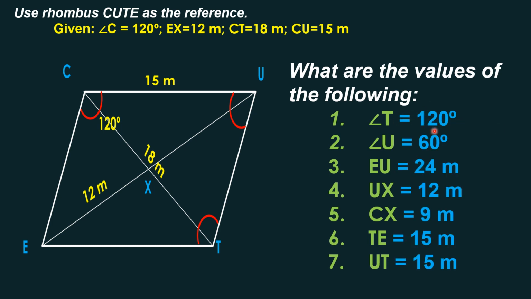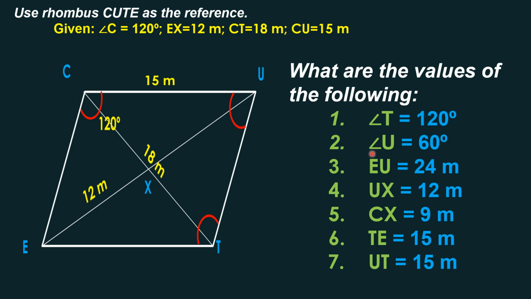Angle T is 120. Why is it 120? Because it is opposite to angle C. And the properties of a rhombus say that opposite angles are equal. So that's why angle T is also 120.